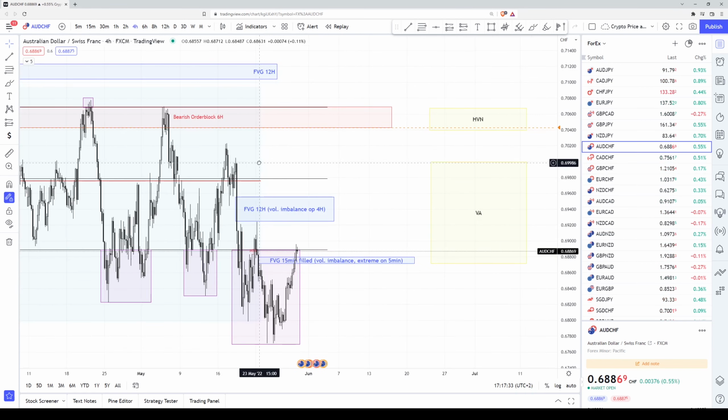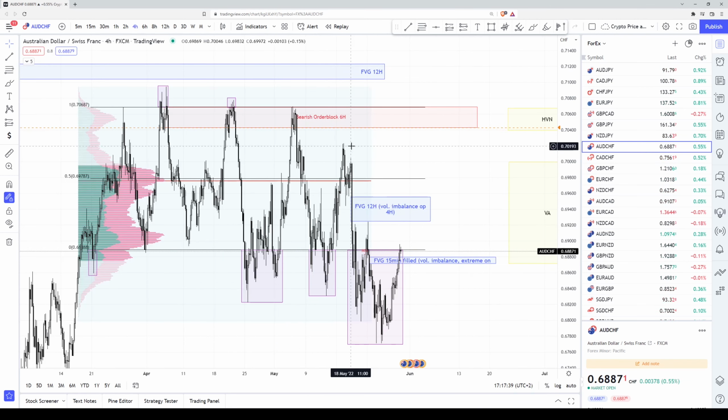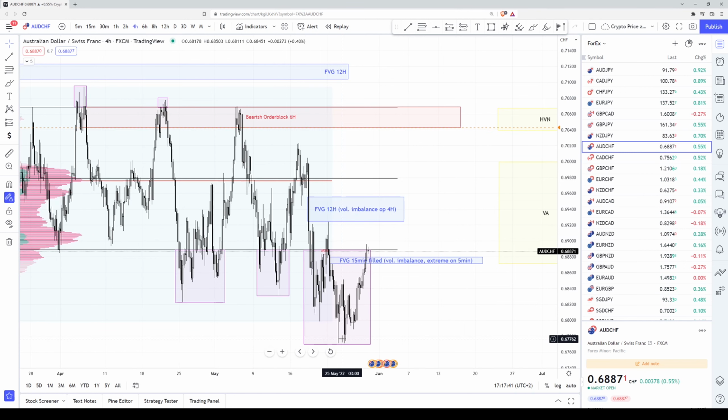So it did move to the value area high, but after that it got reversed and it even dropped down under the range. So one of the things for a long to take into account for the take profit is to assume that the same thing may happen again, and to therefore look at a take profit which would be around the value area high.